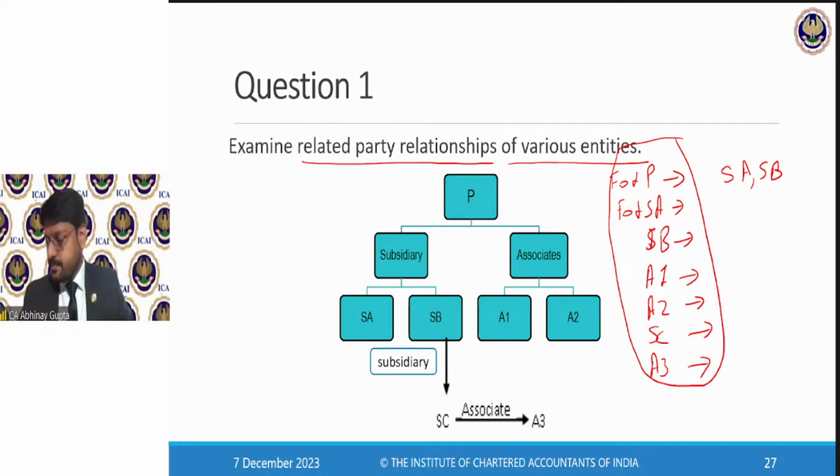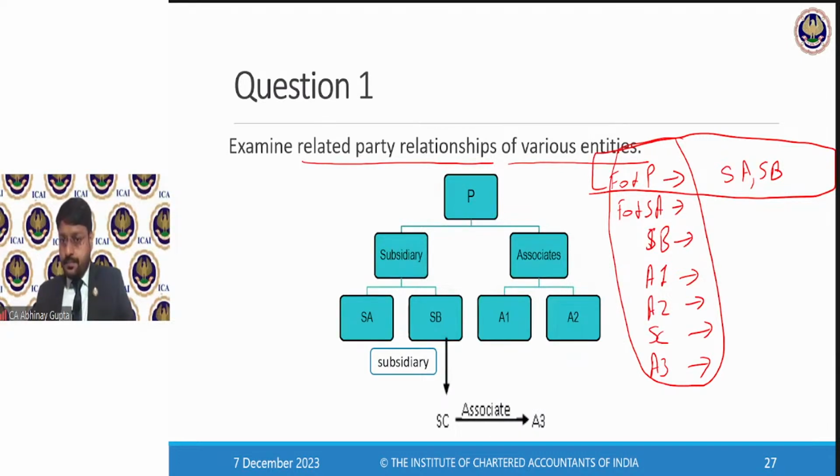Anybody wants to answer for P Limited, which all are related parties for P Limited first? Okay, Tanisha has answered all.